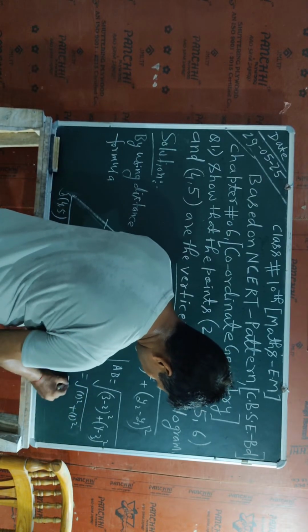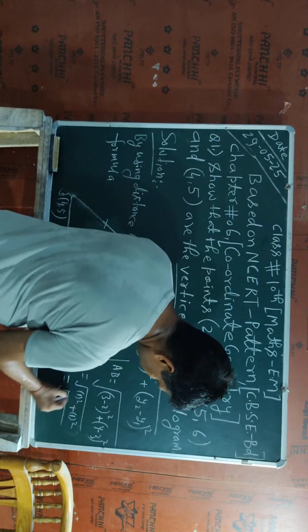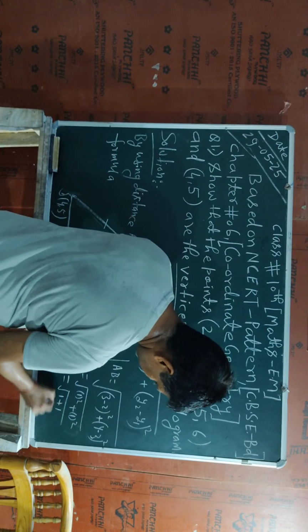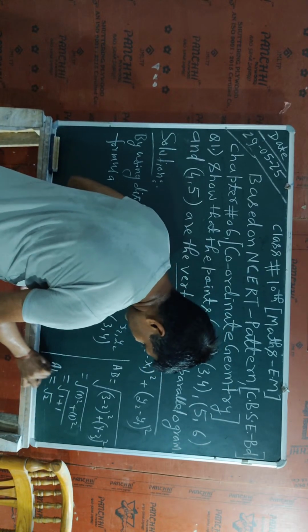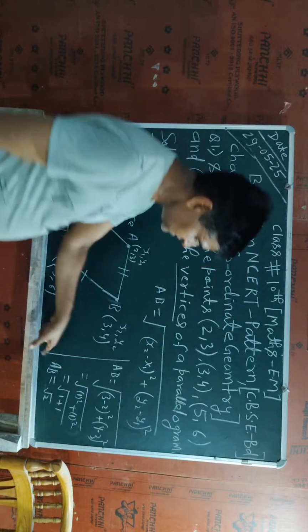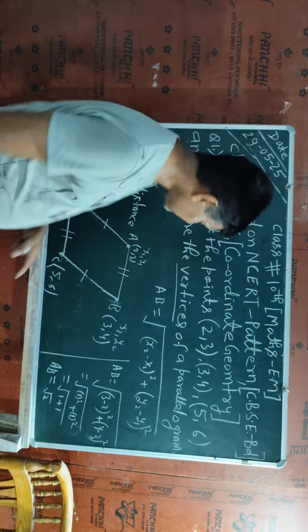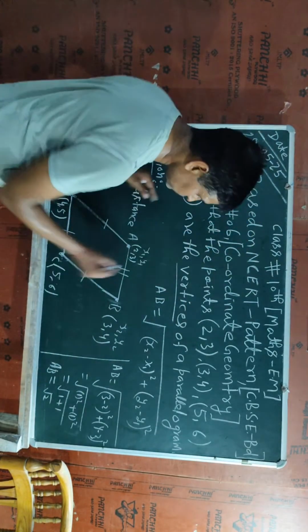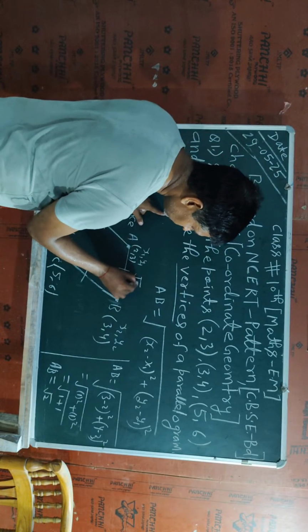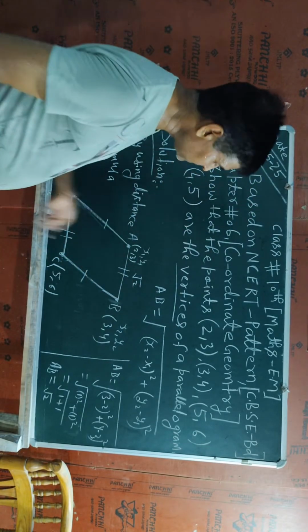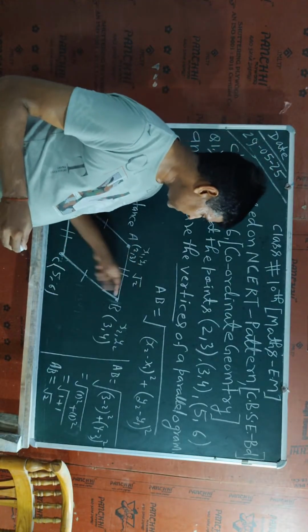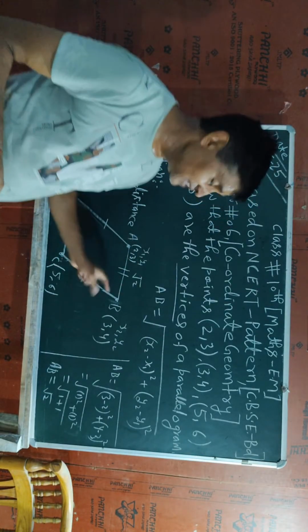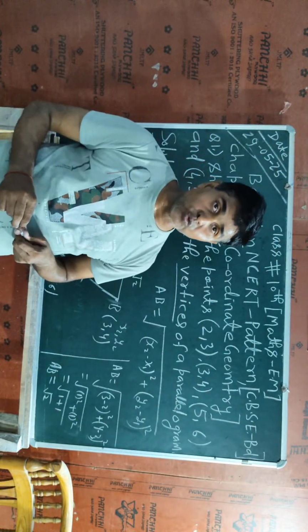It means 1 plus 1. So the length of AB is root 2. So here I will write root 2. This information I have saved here because the length of AB is square root 2.